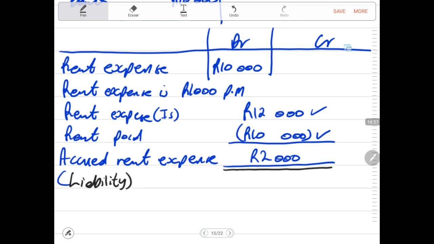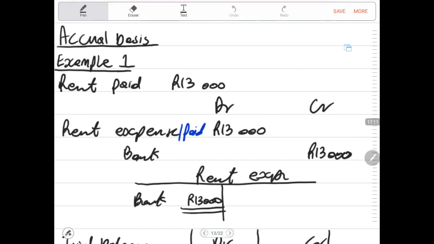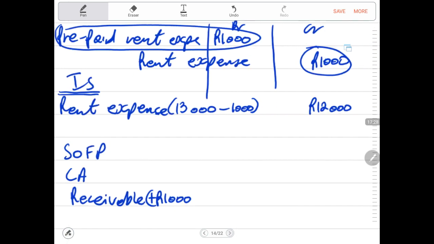Now I want to highlight that in the income statement, how much are we going to record? In the income statement we are going to record the amount that was supposed to be paid. Remember, this concept, accrual basis, is the one that allows us to record expenses even if they were not paid, because accrual basis says we must record expenses that were supposed to be paid, not those that were actually paid, in the income statement.